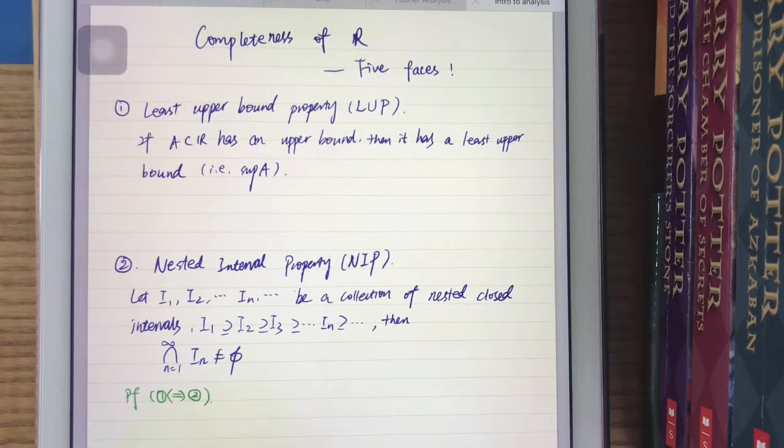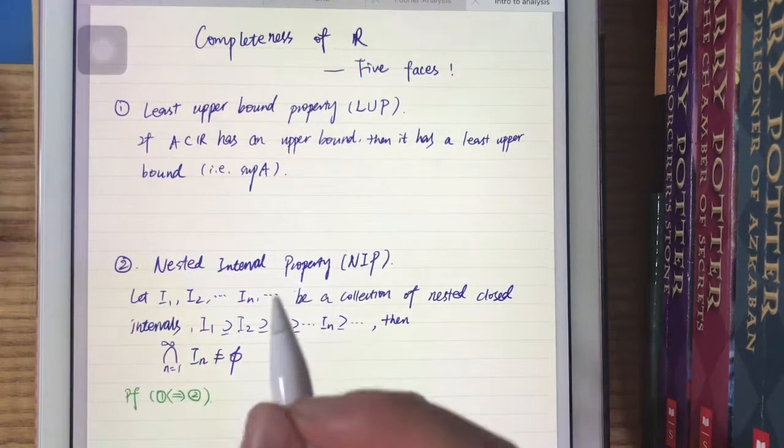So if A has an upper bound, it has a least upper bound, and you may check that this property will not work for some rational sets.